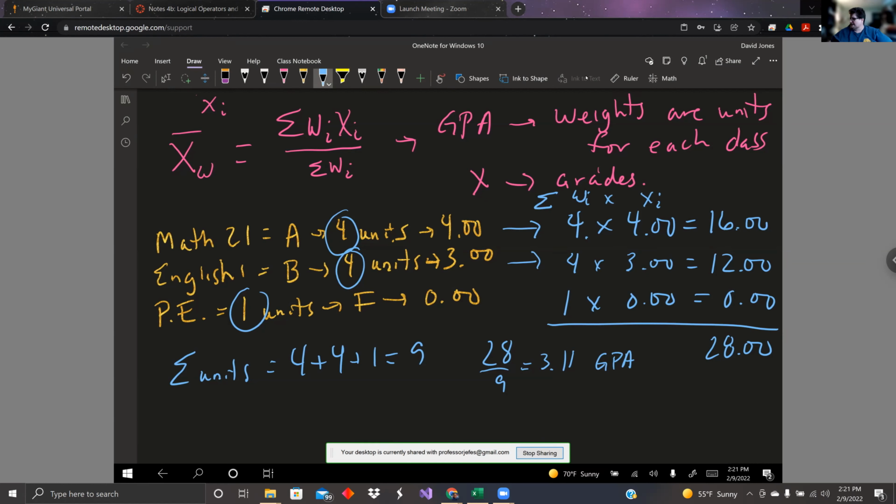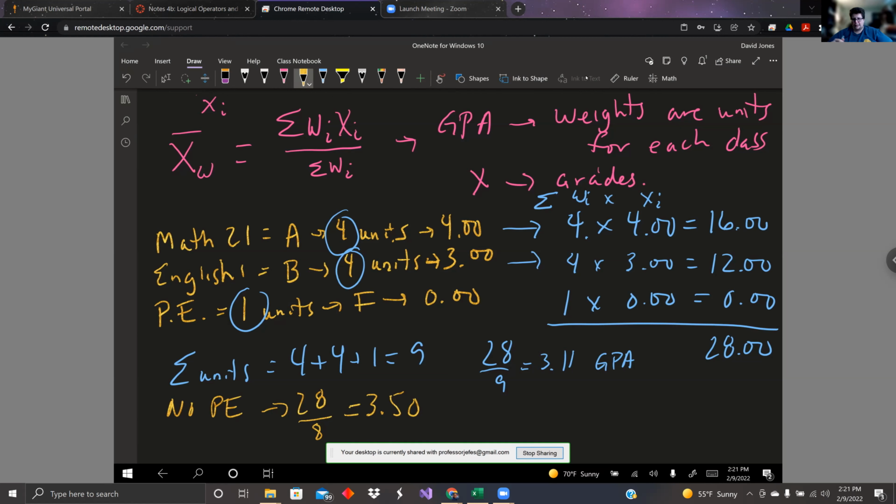If we didn't have the PE in there, we still would have had those same 28 points, but it would have been divided by 8. And that should be 3.5. So the F in PE, if it was a 1-unit course, brought your GPA down quite a bit, but that's for 1 semester.